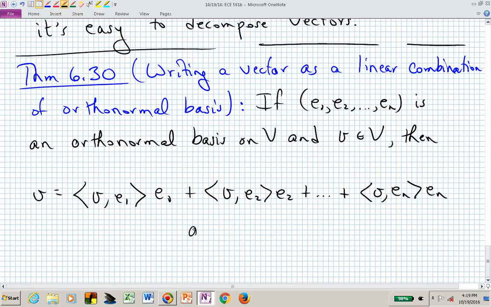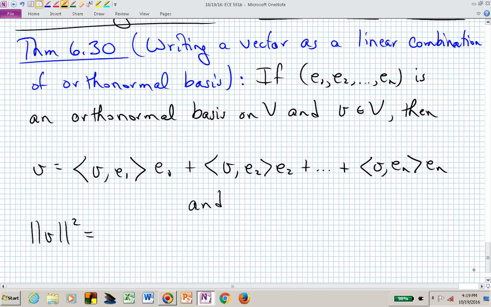And what do we know about the norm squared of that vector? What are these individual inner products? Inner product of v, e1.